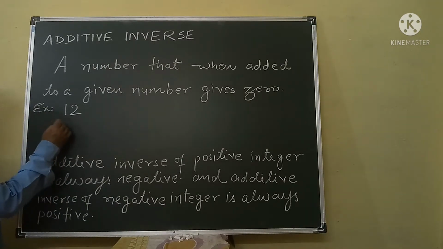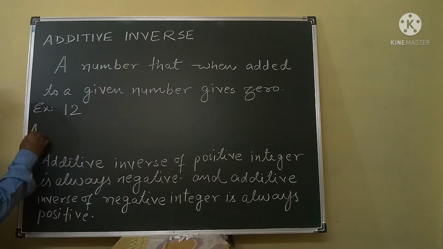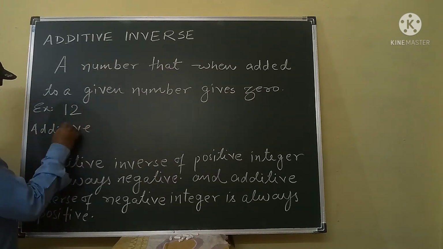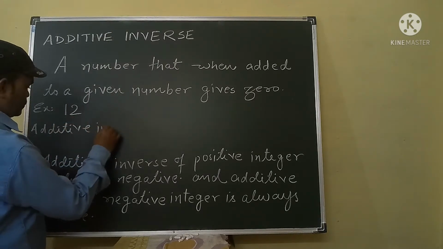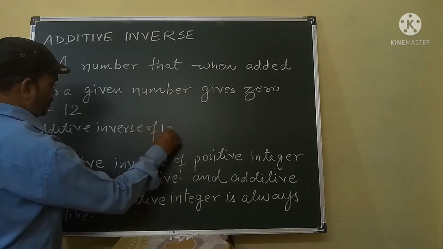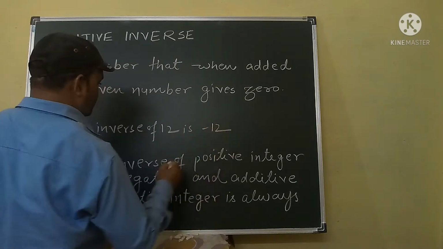So what will you do? First we will find out the additive inverse of 12. Additive inverse of 12 is minus 12.